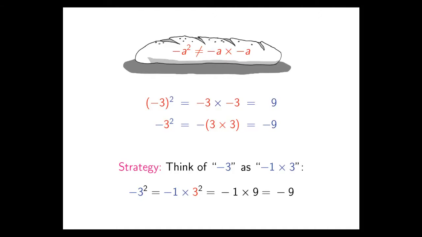So what we're doing here is using some other knowledge we have about the way numerical manipulation works to help us overcome a potential problem we might be having interpreting some mathematical notation. Because of course minus 3 and minus 1 multiplied by 3 are mathematically the same thing. So they should obey the appropriate rules.